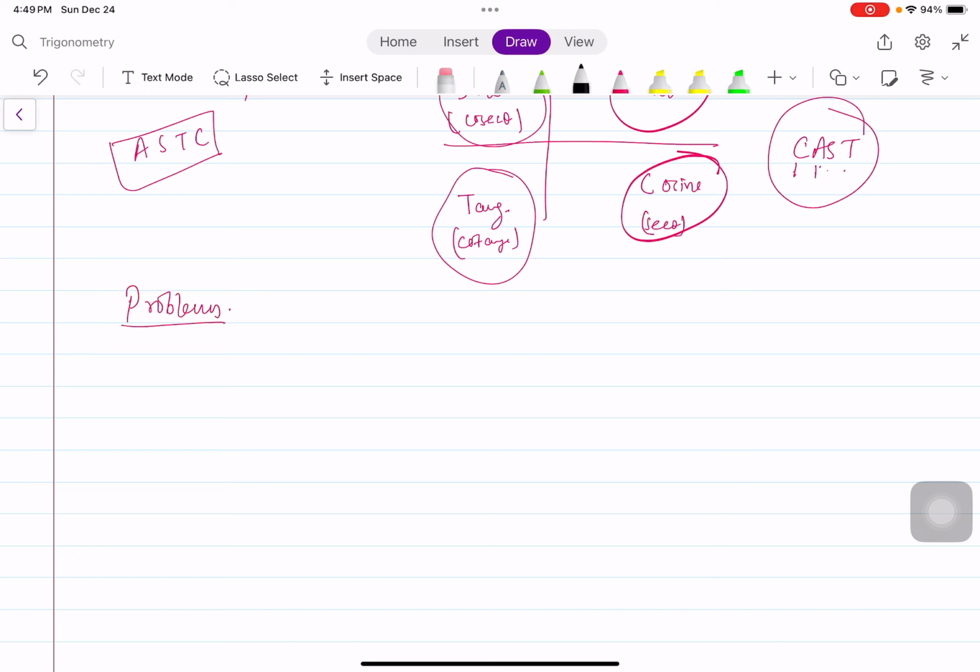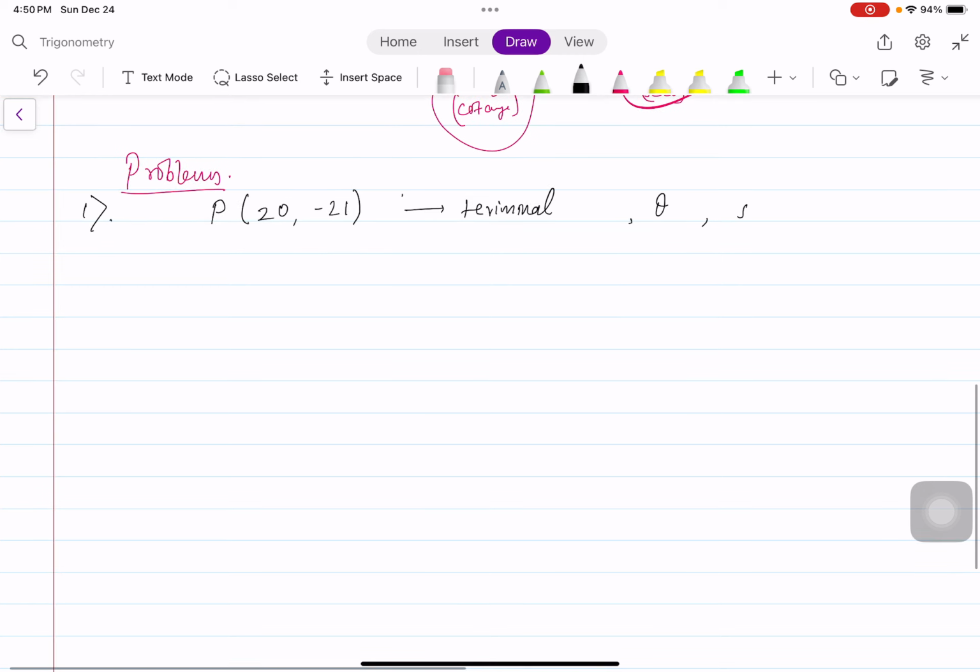Number one, say this is the point given, B. This point is on the terminal side, and it makes angle theta in the standard position. We have to find the values of sine theta and cotangent theta.